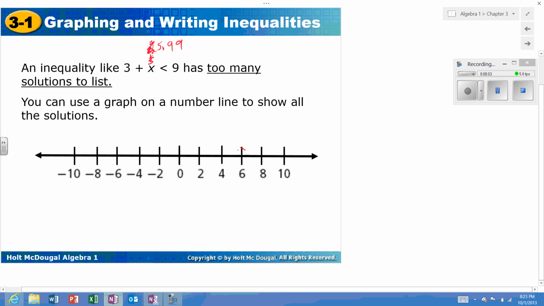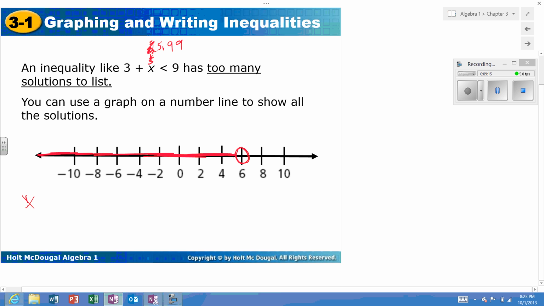So what we do is we draw an open circle at 6 to say we're not including 6, but we're going to then color in our line to say it's everything less than 6. Everything less than 6, all the numbers before 6, will satisfy that inequality.